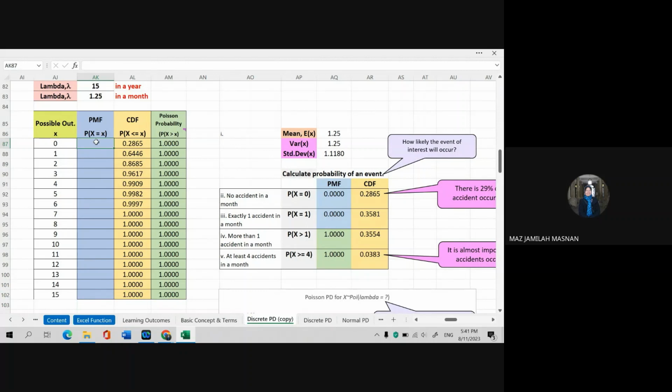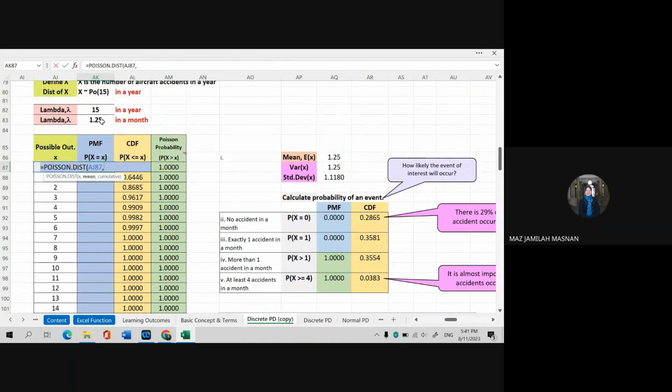To generate the PMF, it will be equal to Poisson.dist, and then you put the input of the X value, beginning with X equal to 0, comma, the location of your mean or lambda for the month duration, because the equation is using a month, and then comma, for the PMF, it should be false.